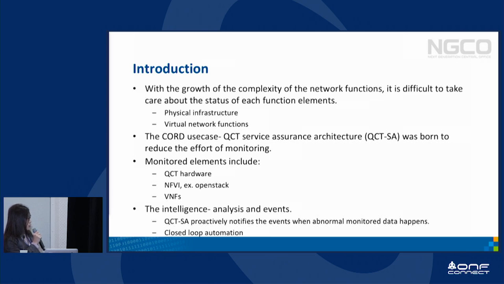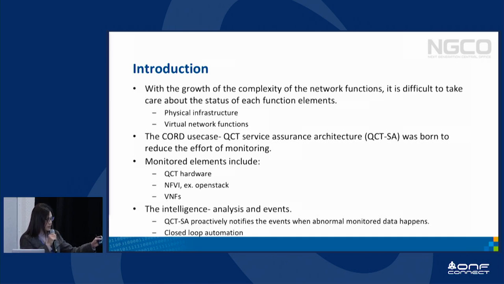So we proposed a use case called QCT Service Assurance Architecture, or QCT-SA, to reduce such administrative overhead. The monitored elements include the QCT hardware, the NFVI, for example OpenStack, and VNFs. We also gave the system intelligence through data analysis and events.